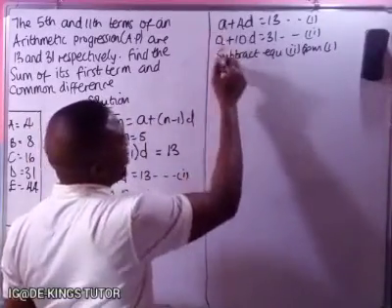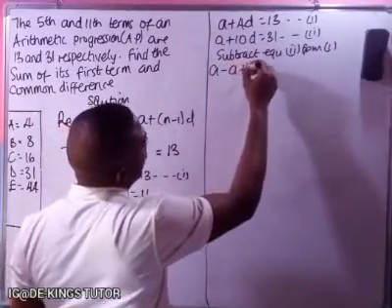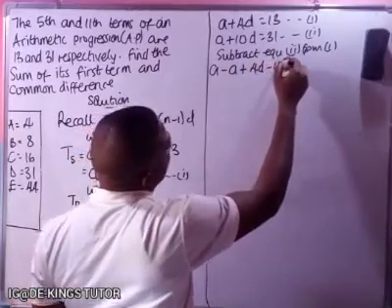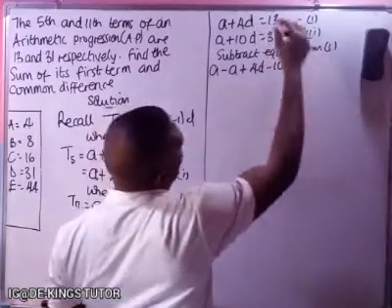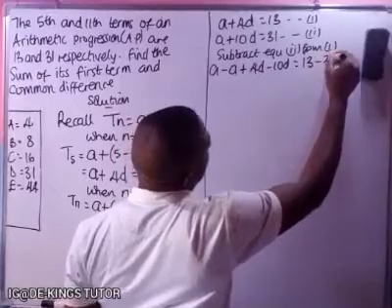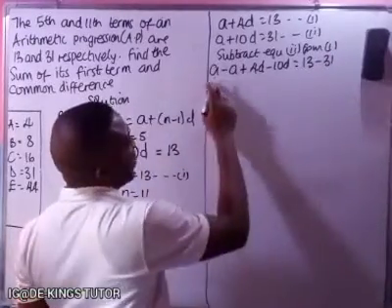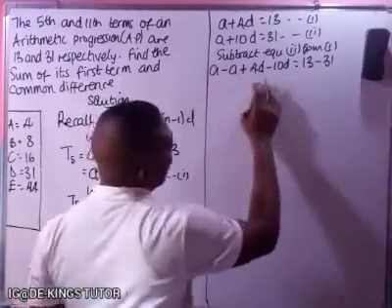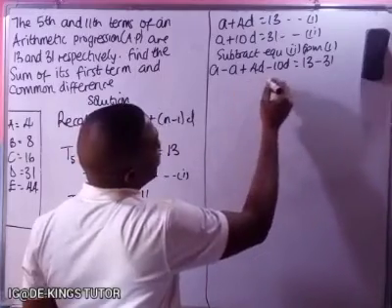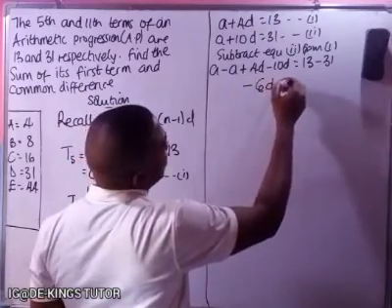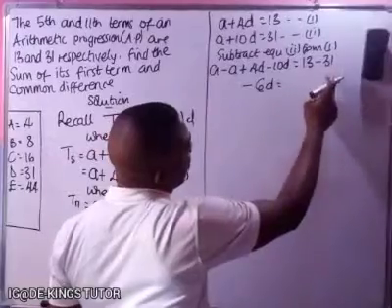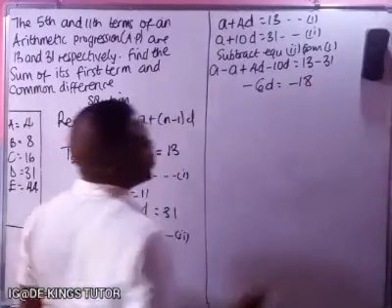So we'll start from here. a minus a plus 4d minus 10d equal 13 minus 31. a minus a is 0, so it cancels itself. Now we have 4d minus 10d will give us minus 6d. We have 13 minus 31 giving us minus 18.